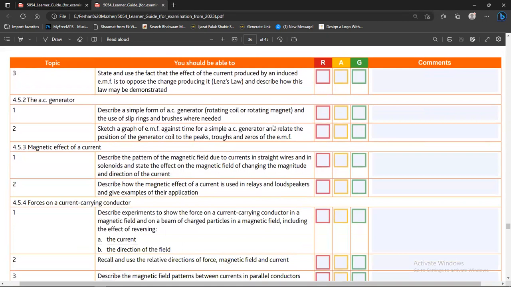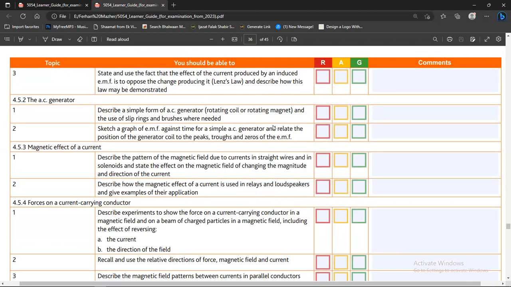State and use the fact that the effect of the current produced by an induced EMF is to oppose the change producing it. This is called Lenz's law, and describe how this law may be demonstrated. The AC generator.